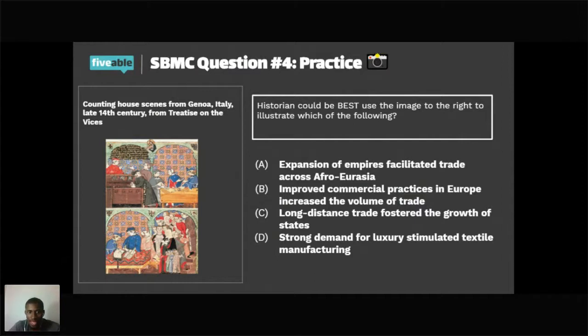Was it A, the expansion of empires facilitated trade across Afro-Eurasia? B, it improved commercial practices in Europe and increased the volume of trade? C, long distance trade fostered the growth of states? Or D, strong demand for luxury stimulated textile manufacturing?